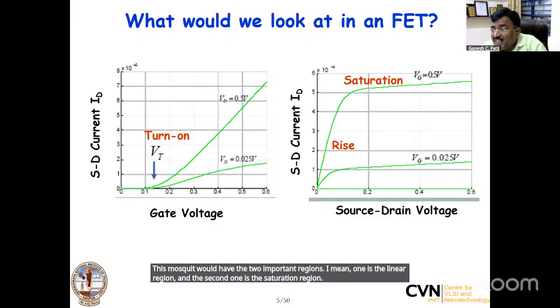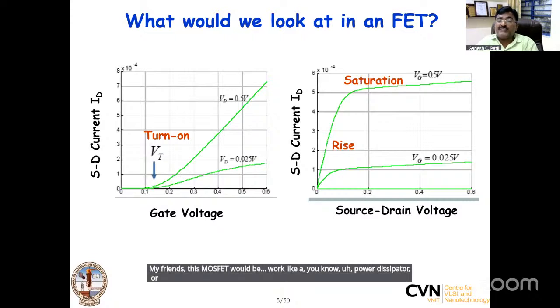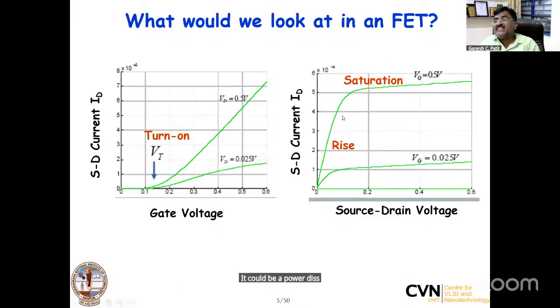My friends, this MOSFET can work like a power dissipator or a current sink. Current sink means it takes current like a resistor does. So once it operates in the linear region, it is a power dissipator or current sink.